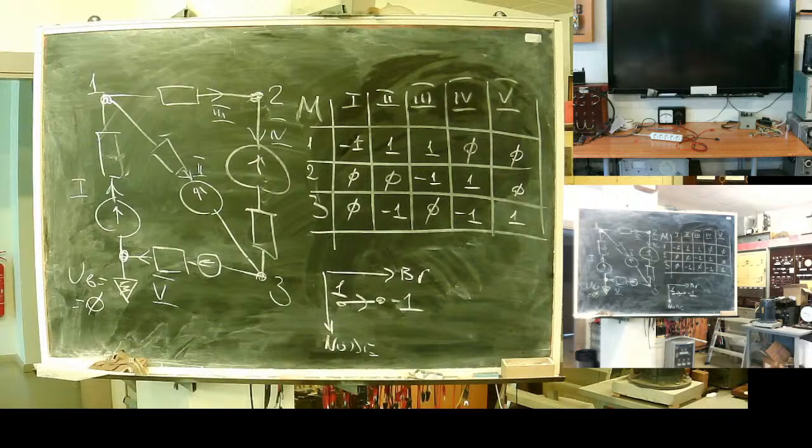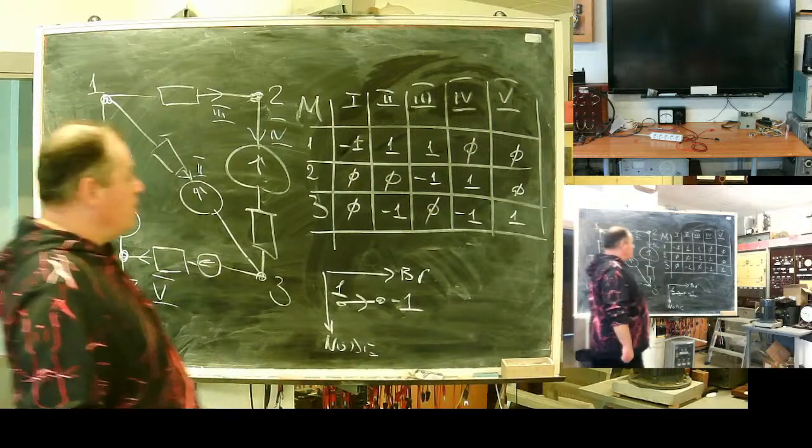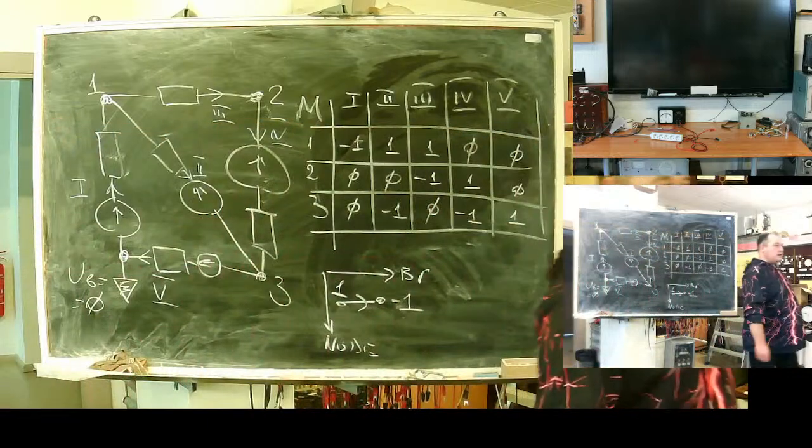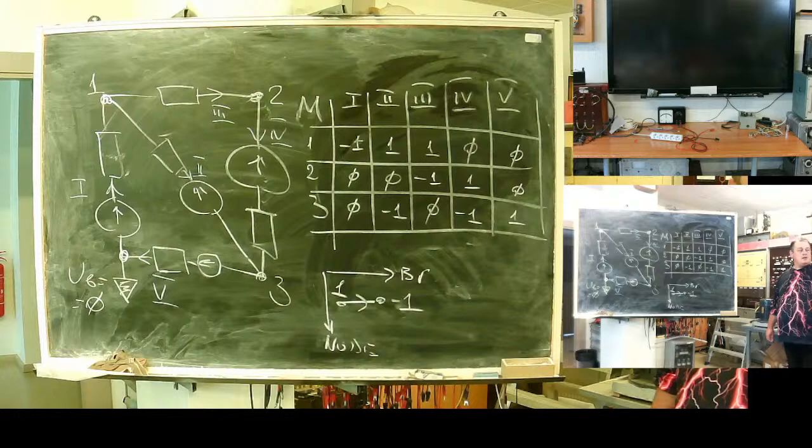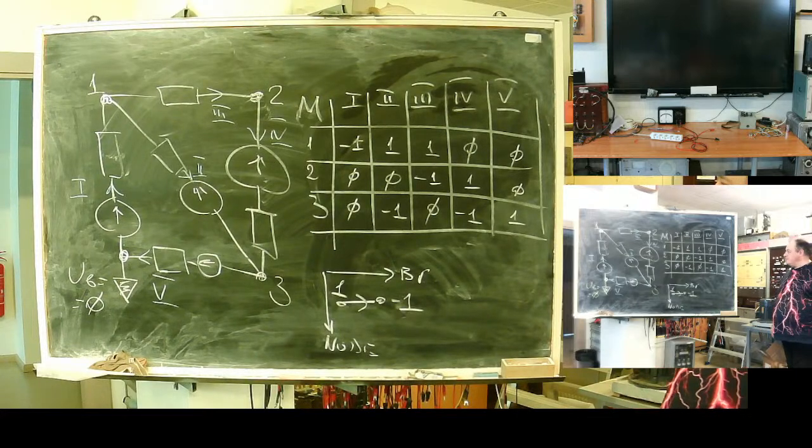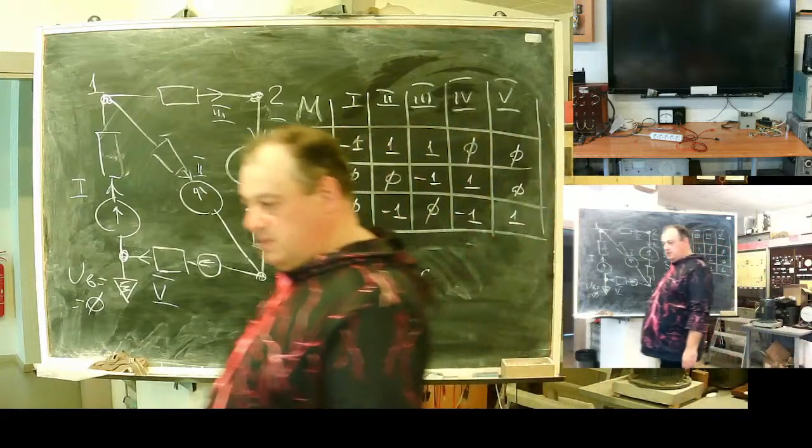Clear? So if in branch number 4 the potential is in this direction: if in, -1. If out, +1. If we count 3 and 4, it's in. Yeah.